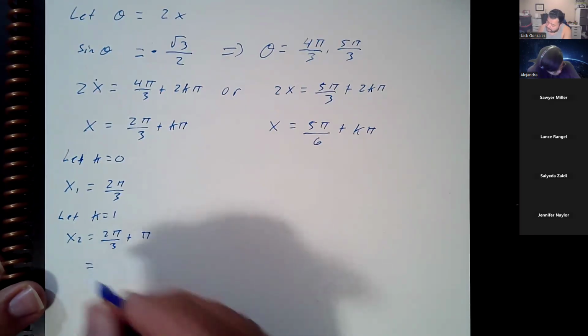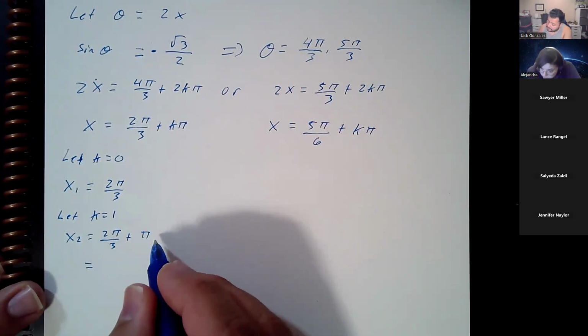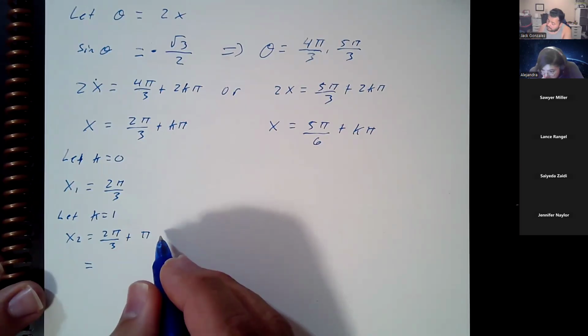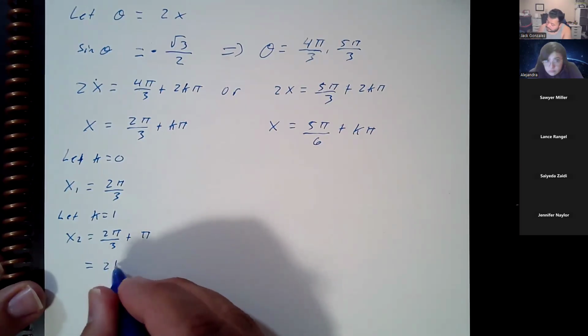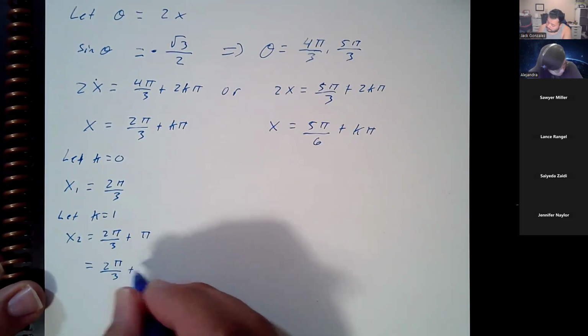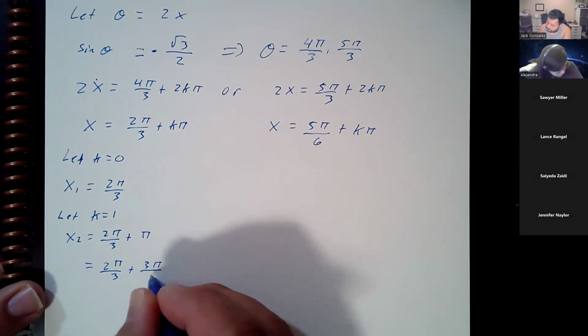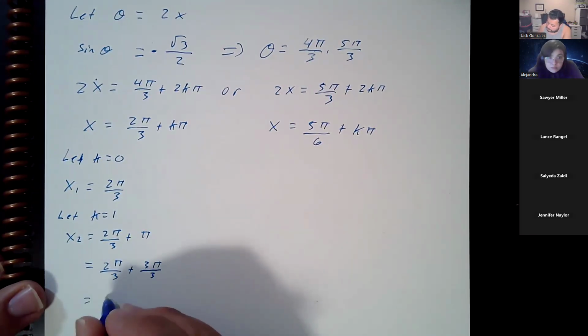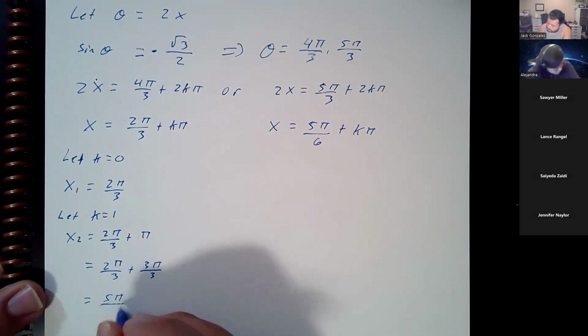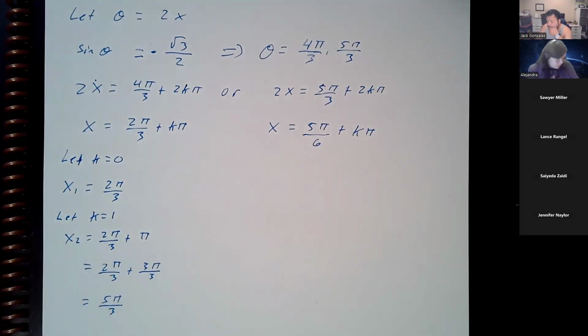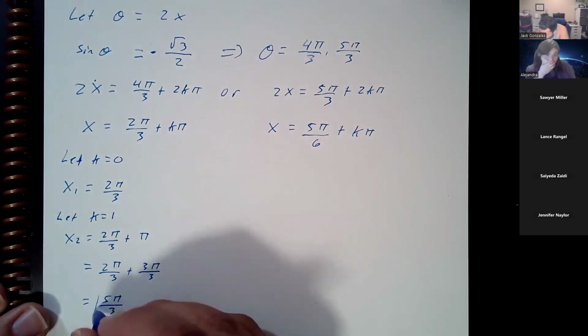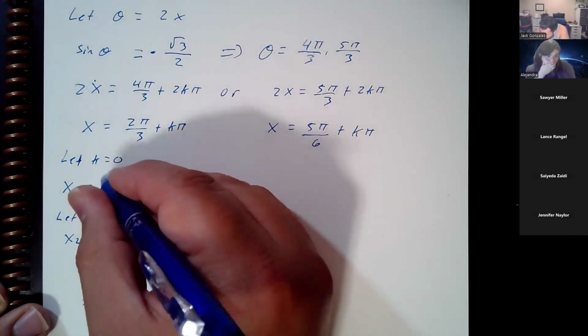Add your fractions, that'll be 3 over 3. Be 5 pi thirds. So there's my x2. So I got one answer.